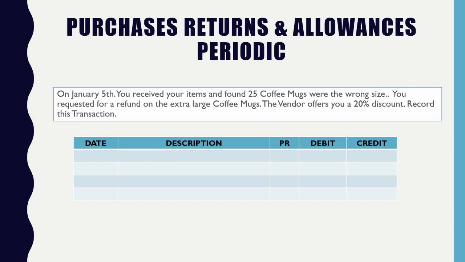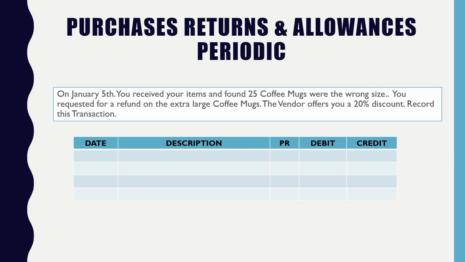Getting it. All right. Scenario 2 now. On January 5th, you received your items and you found that 25 of them were the wrong size. Oh my gosh. So you requested a full refund on the extra large coffee mugs.